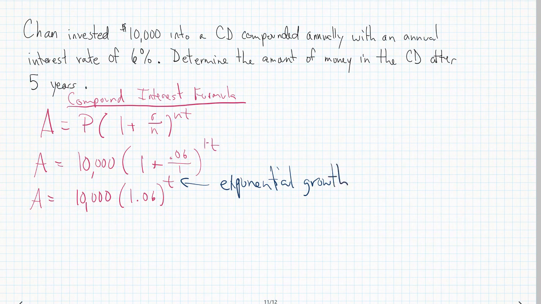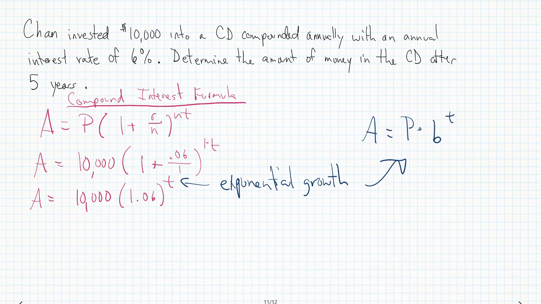Okay? So we have exponential growth. In general, what's happening here is you have some formula A equals P times, usually we'll denote this by some B raised to the T. That's essentially what exponential growth looks like. Okay? So when we simplify this down, we got 1.06 raised to the T power.